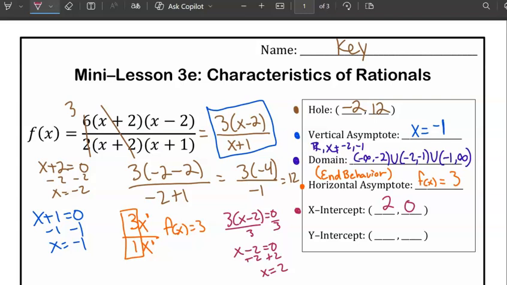You set the y value equal to 0 and solve for x. For the y-intercept, we're going to plug in 0 for x and evaluate. 3 times 0 minus 2 over 0 plus 1. 3 times -2 divided by 1 is equal to -6. 0, comma, -6 is your y-intercept.